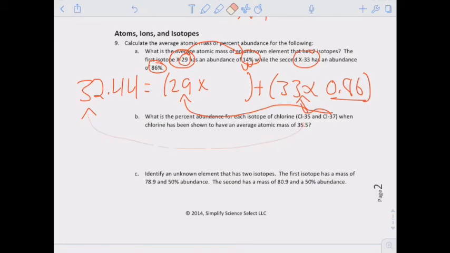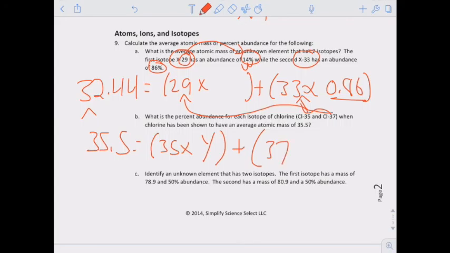So in percentage, what we're going to do is set it up with 35.5 equals our mass, which is 35, times our percent, which we'll just call percent Y, plus our 37, which is the other mass, times, whatever Y is, we know that the other percent is just going to be, and we're going to put it not in percent form but in decimal, 1 minus Y. And so what we'll do here is solve for Y, and Y will give you the percent of our chlorine 35.